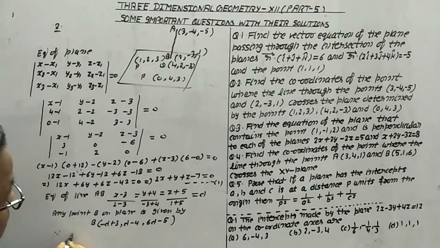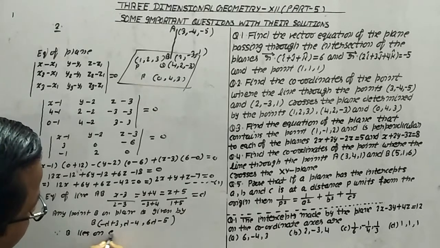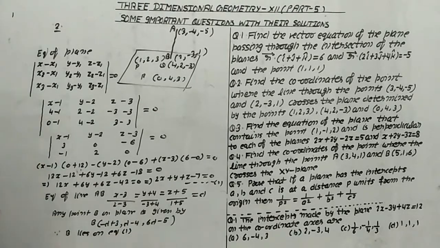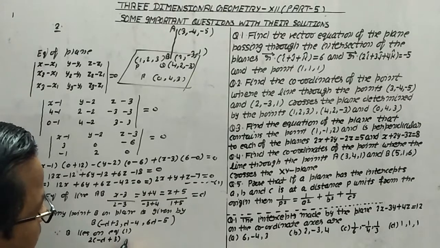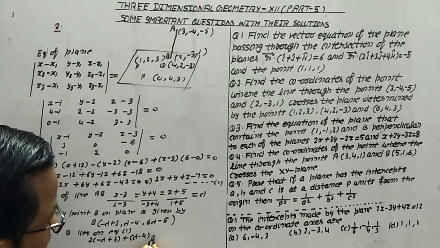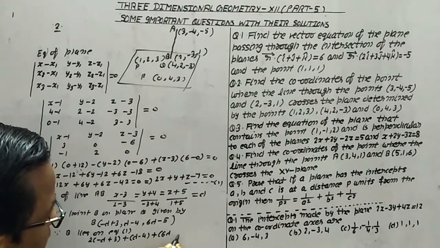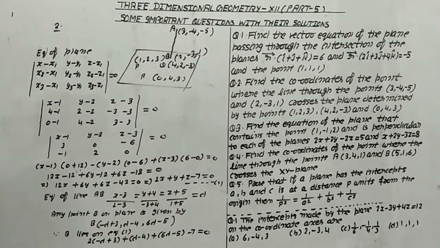Now because B lies on equation 1, we can say 2 into (minus lambda plus 3), plus lambda minus 4, plus 6 lambda minus 5, minus 7 equals 0.